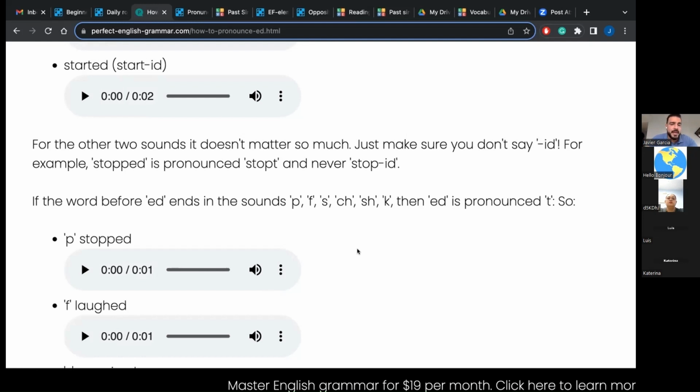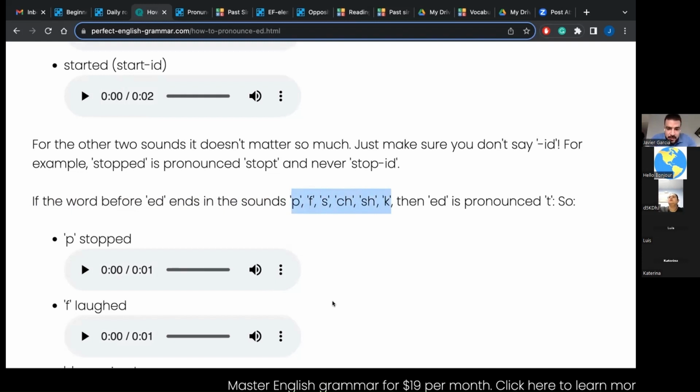Now we have to know when is it going to sound like this, okay? So if the word before the ED ends with the sounds, again, we're going by sounds, okay? Now we have letters here that I want you to write down. The P, the F, the S, the CH, the SH, and the K, okay?